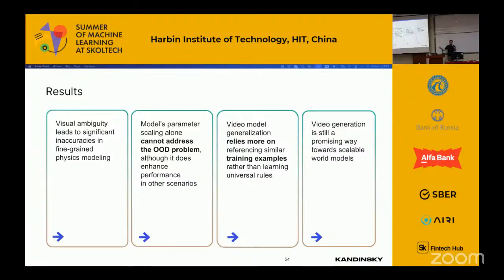But when we train our usual video generation models, we have a much greater diversity of the data set. So that's why video pre-training is still a promising way to obtain scalable world models, and we believe that we can do that actually.